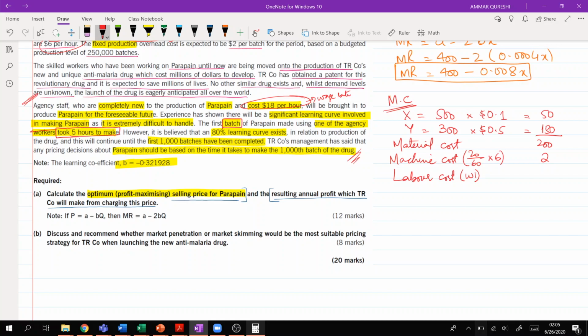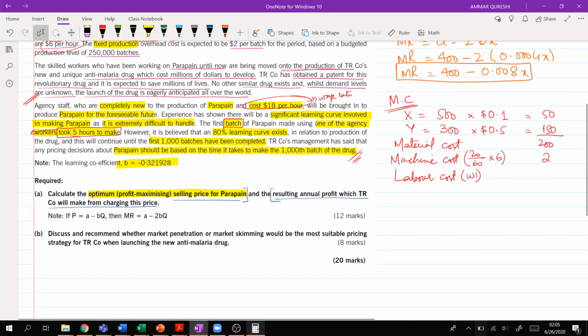So 5 hours is the time required to manufacture the first unit, which is A in this case. In the case of batches, we consider the time required for the first batch. However, it is believed that an 80% learning curve exists, and this is the learning B value, in relation to the production of the drug. This will continue until the first 1,000 batches have been completed, right?